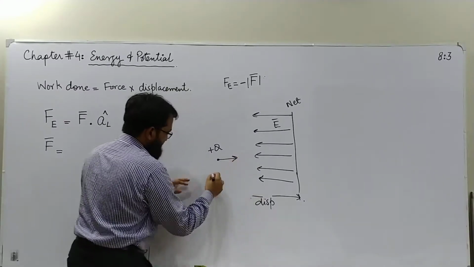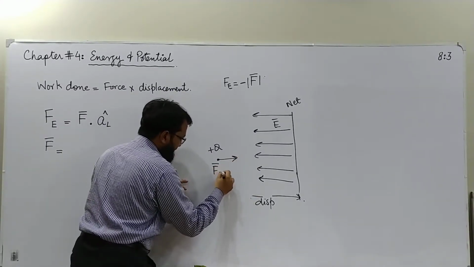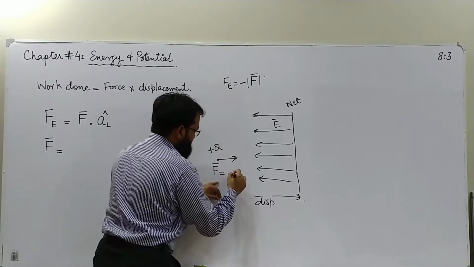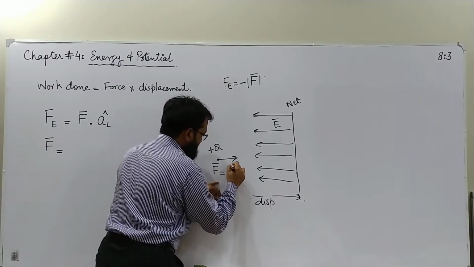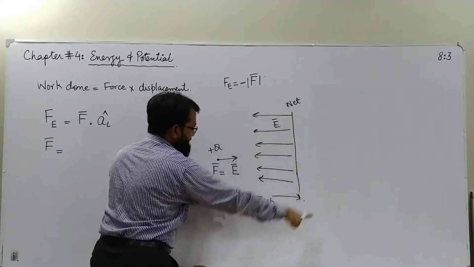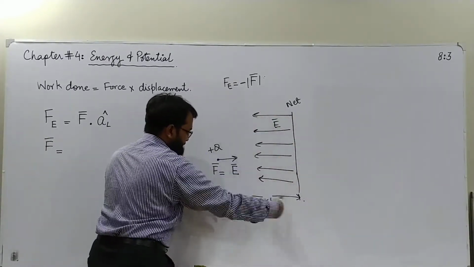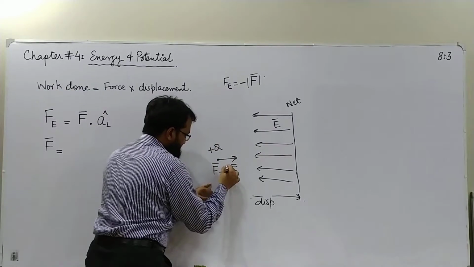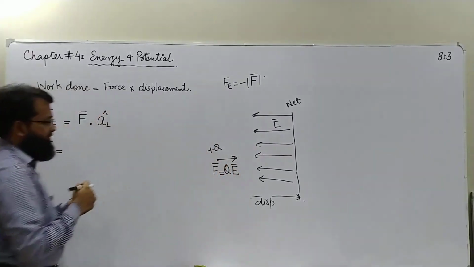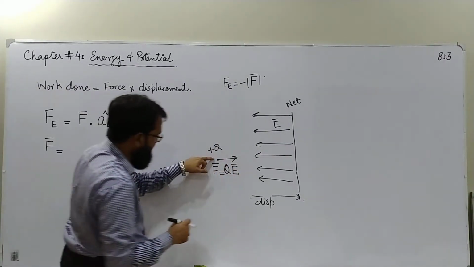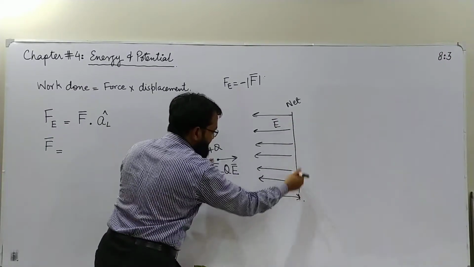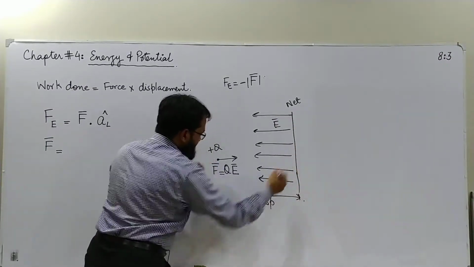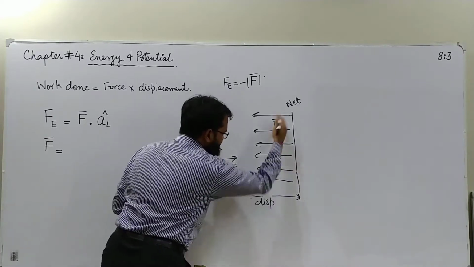Okay, so the force which I'll have to apply will be equal to the electric field which is present here, multiplied by the charge which I'm trying to move within this field.